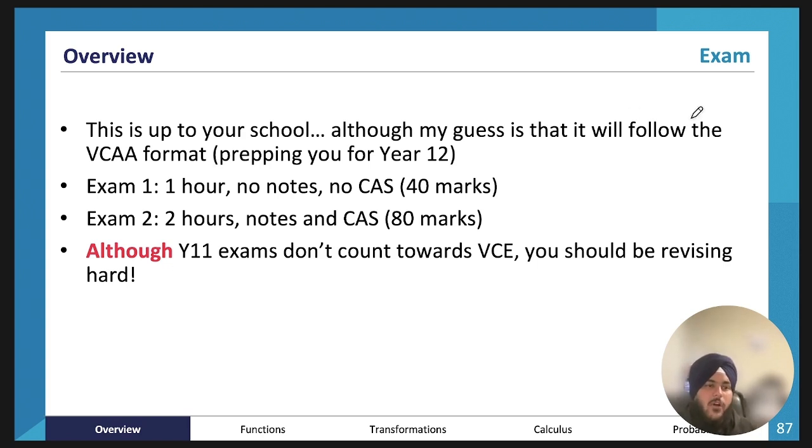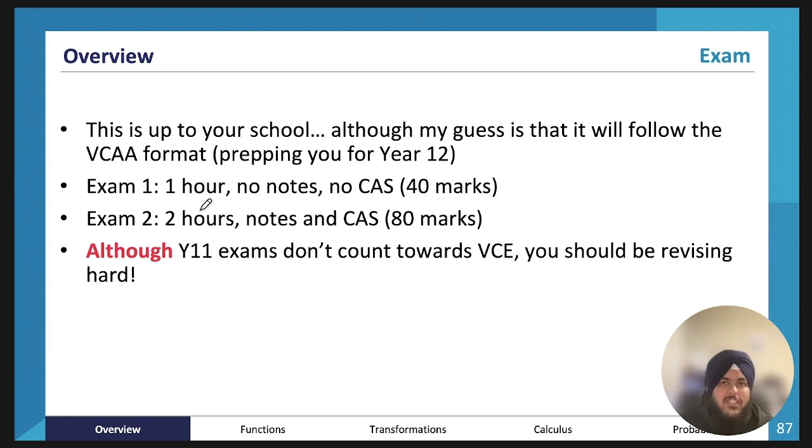But just in terms of your exam at your school, although it is up to the discretion of your school how they would like to structure your exam, you're likely to expect an exam 1 worth 1 hour, which is no notes and no CAS, and it's usually worth 40 marks, and also exam 2, which is 2 hours, and you're also allowed notes and a CAS, worth 80 marks.